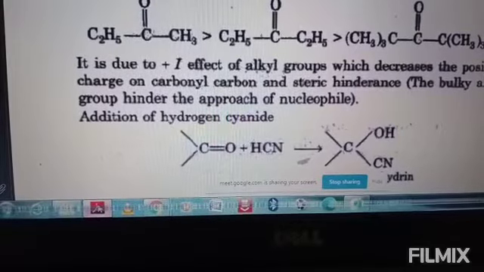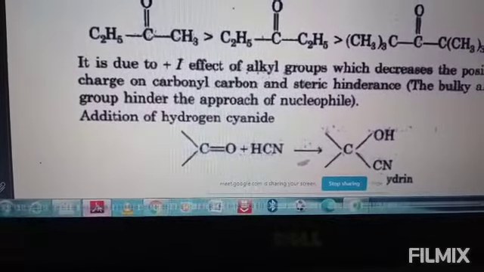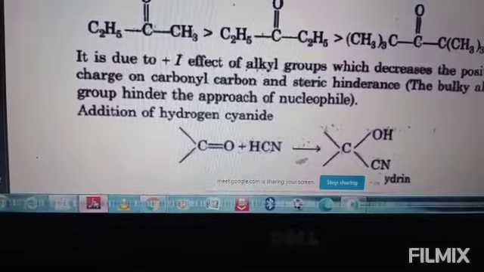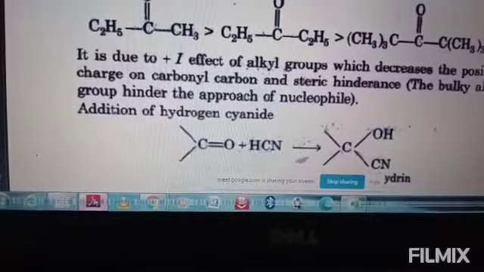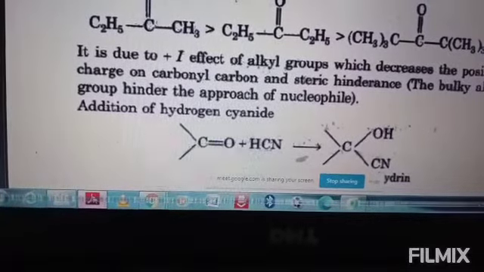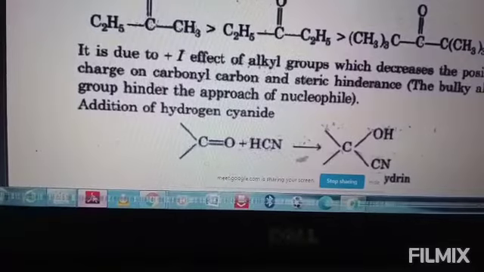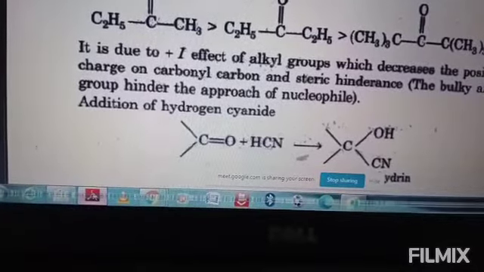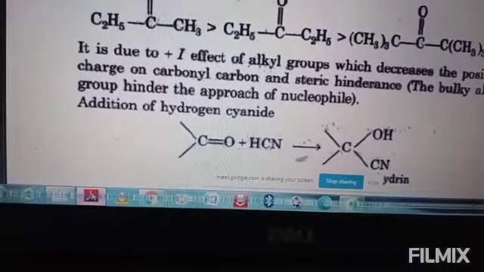So in the case of this one, the benzene ring can give more electrons to the carbonyl carbon, thereby the attack will be difficult.